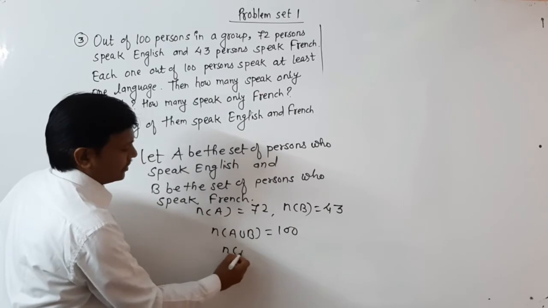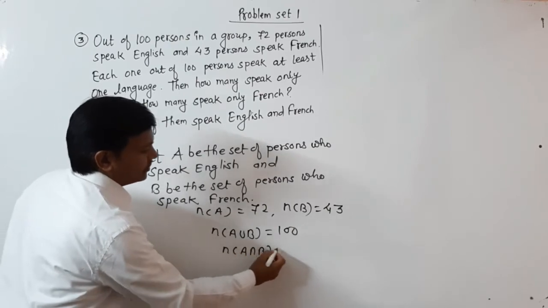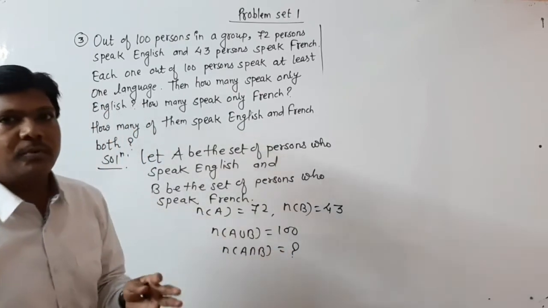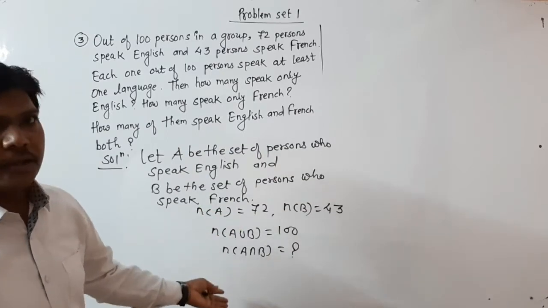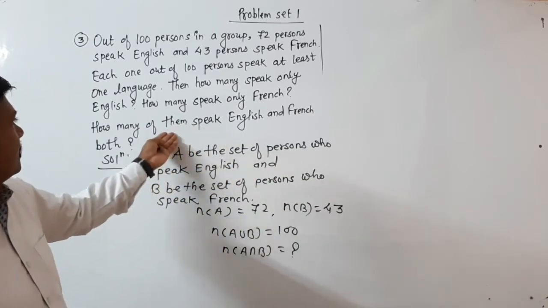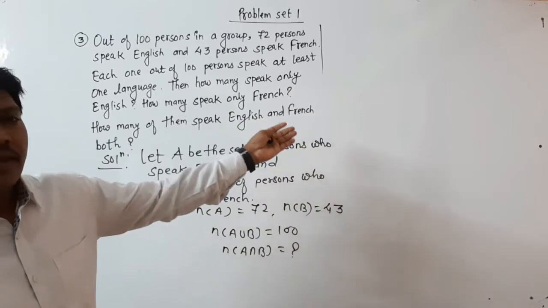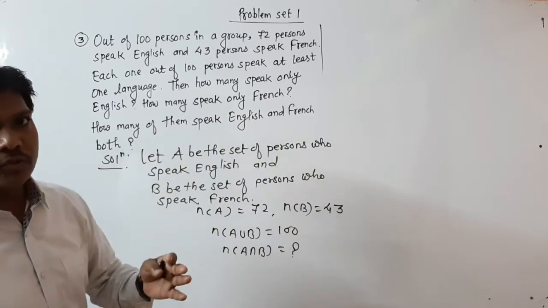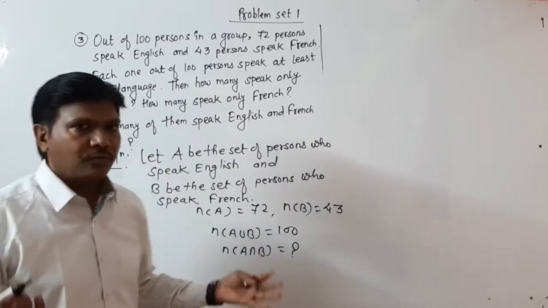So first find A intersection B, meaning how many persons know both languages. It is given as how many of them speak English and French both. For this, write the formula.